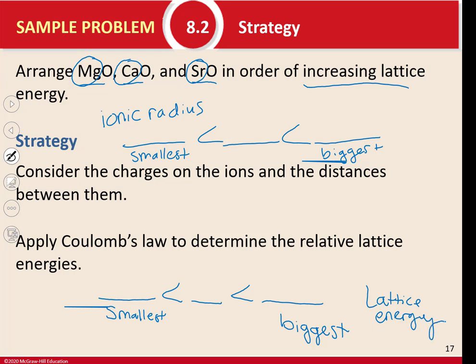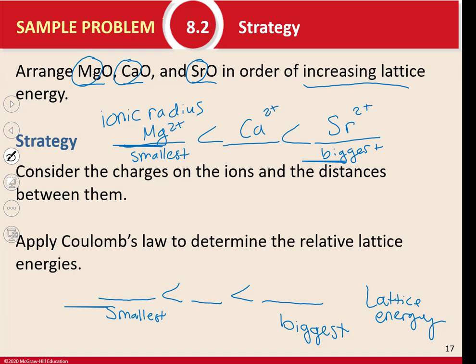Between magnesium, calcium, and strontium, who should be the smallest radius? Good, magnesium, because he's the highest in the family of those three. Then who should be the biggest? Strontium, with calcium in the middle. 2+, 2+, 2+.